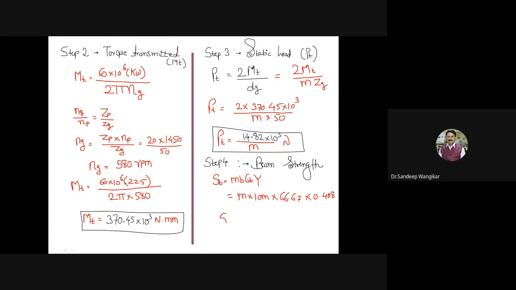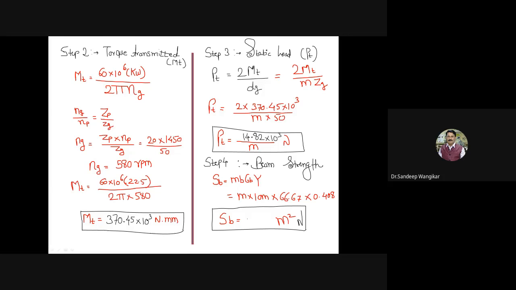Okay, so you will get SB is equal to, in terms of module square, and I will put here unit Newton.